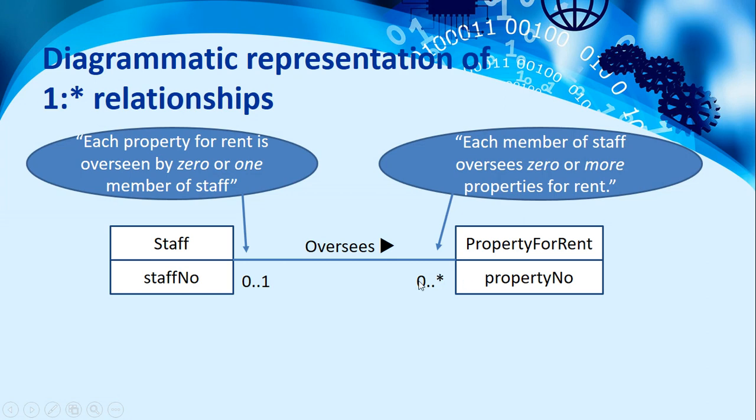So ibig sabihin, each member of staff can oversee 0 to 100 properties. Okay, pwede yan, if kung alam mo kung hanggang saan lang talaga na properties for rent yung kayang i-oversee ni staff. But if you don't know how many, or infinite siya, you can just use the asterisk.